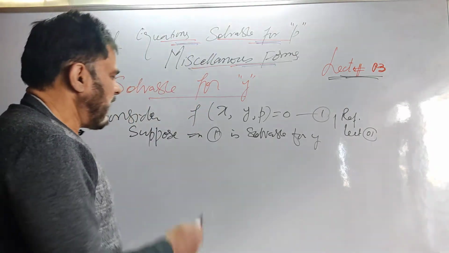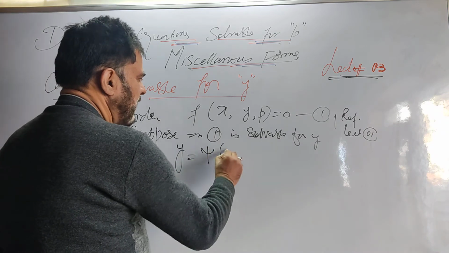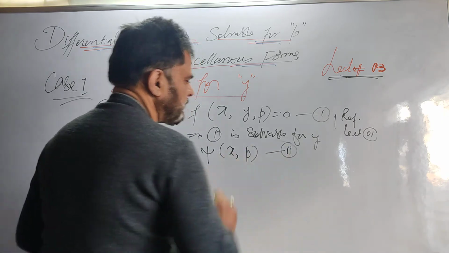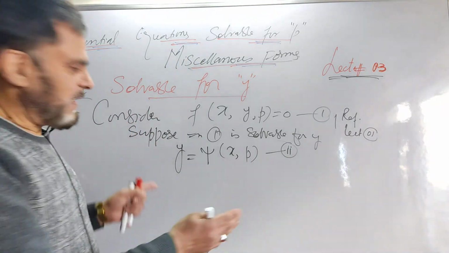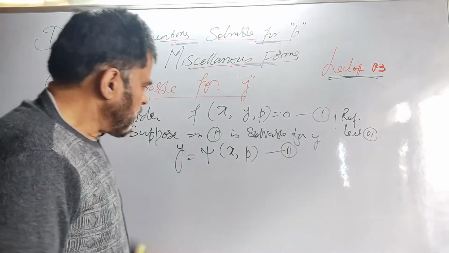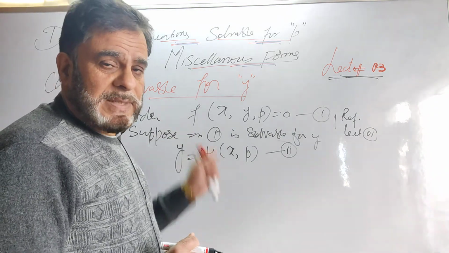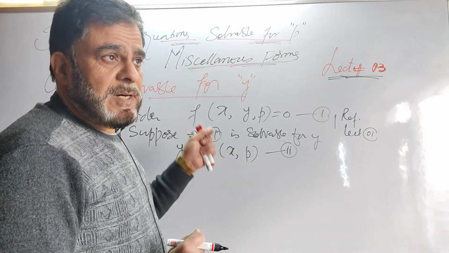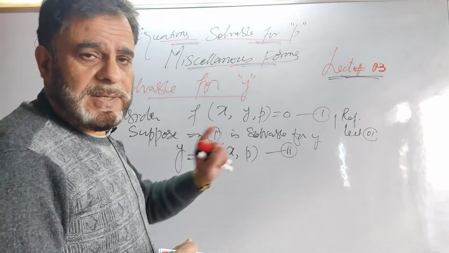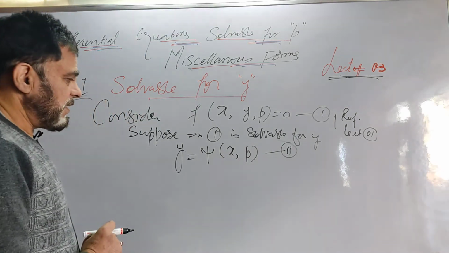Say we can have y = psi(x, p), some function of this form. Y exists on one side and X and P on the other side. These are the steps of how we solve such equations, which can be solved for Y.